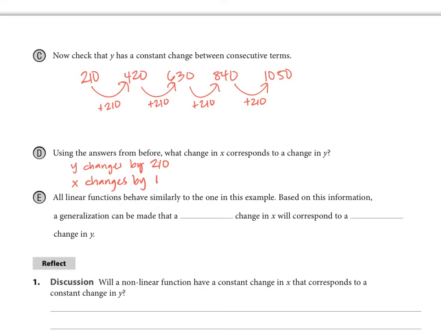So that's going to give us a rate. Part E, all linear functions behave similarly to the one in this example. Based on this information, a generalization can be made that a constant change in x, constant means the same change in x, will correspond to a constant change in y. x kept changing by 1s, and then y kept on changing by 210.